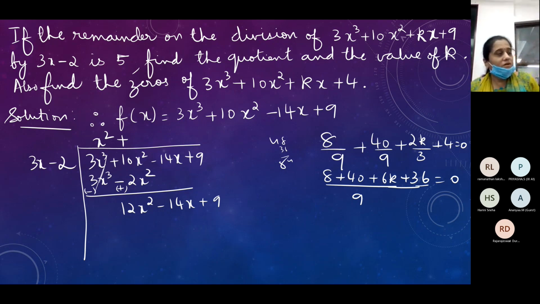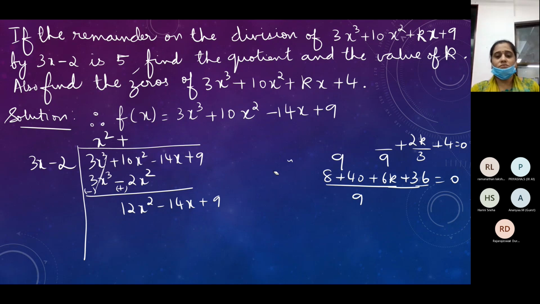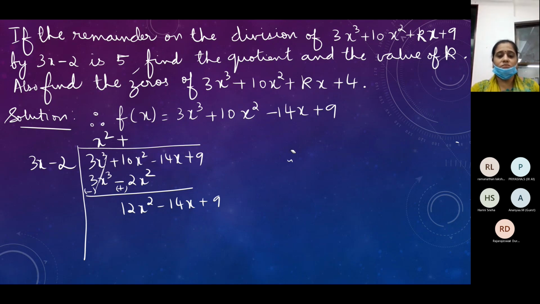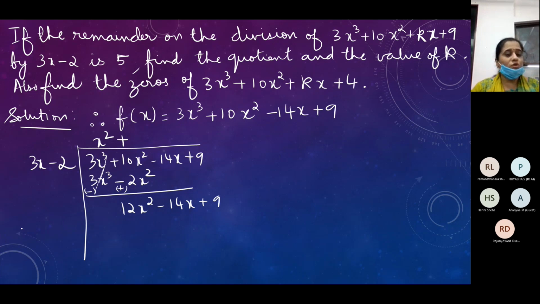Priyanka, look at the board. How do you find the next term in the quotient, Priyanka? You need to divide 12x squared by 3x.